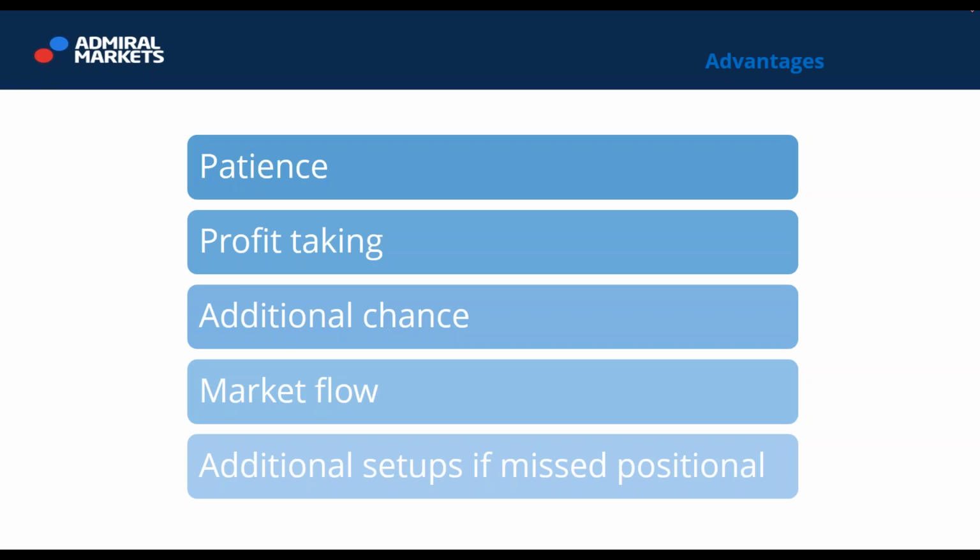They simply cannot determine where and when to take that counter trend move. Because of that reason, by practicing counter trend moves, you might learn about additional market flow. And you have additional setups if your positional trade has been missed due to some reasons.